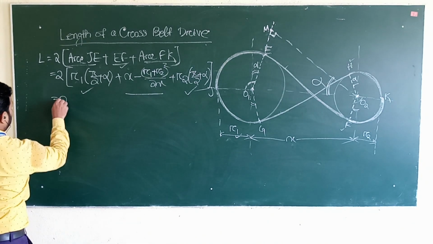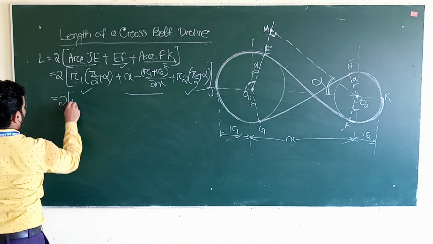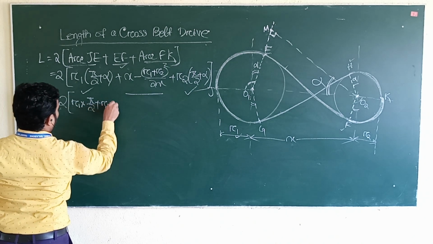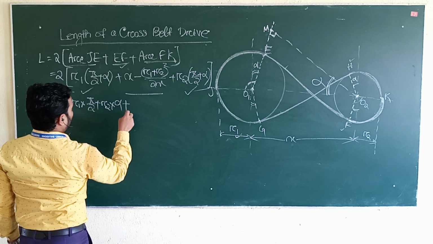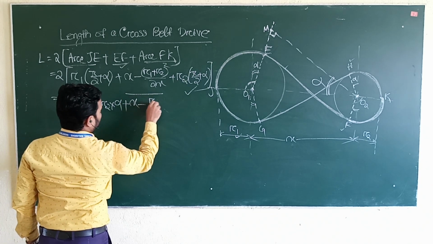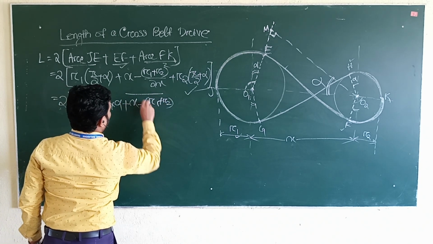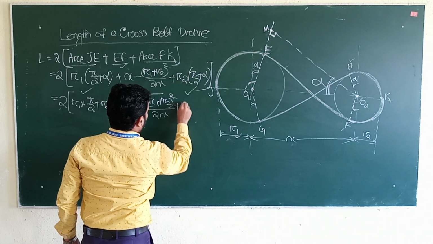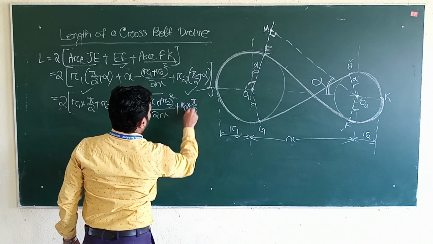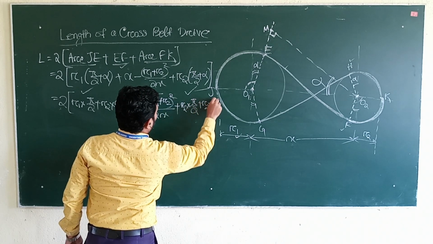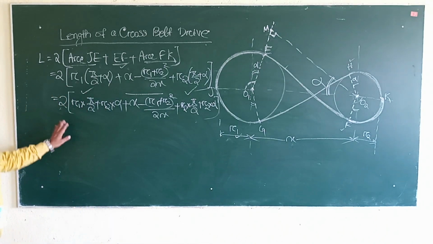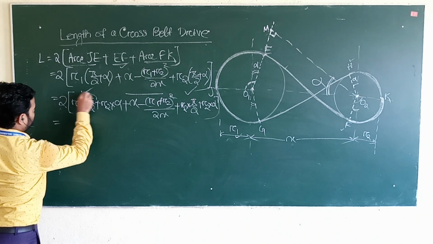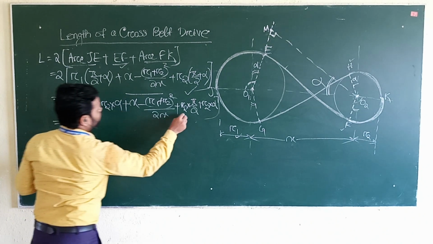So in the next step we will get 2 square bracket, r1 into pi by 2 plus r1 into alpha, plus x minus (r1 plus r2) square by 2x, plus r2 into pi by 2 plus r2 into alpha. This is the total equation. Now r1 into pi by 2, here r2 into pi by 2.